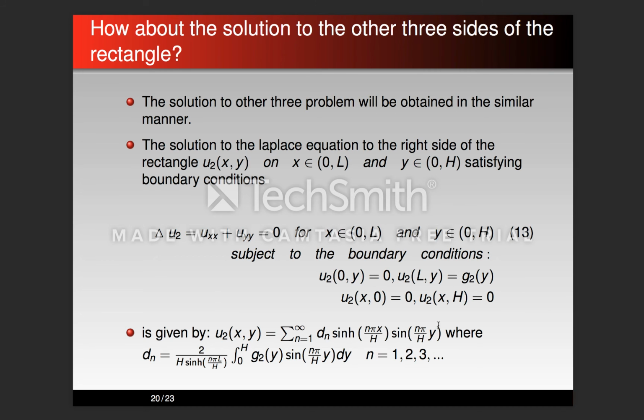So how do you find the solution for the other three sides of the rectangle? The solution to the Laplace equation on the other three sides of the rectangle is obtained in a similar manner.